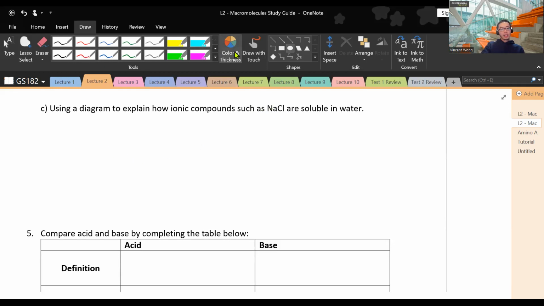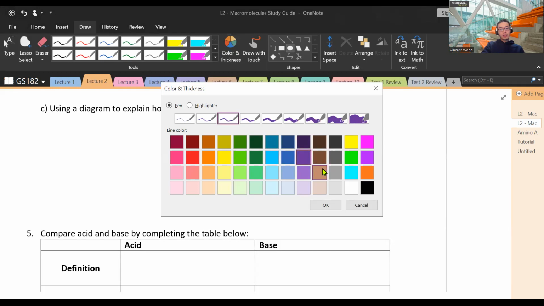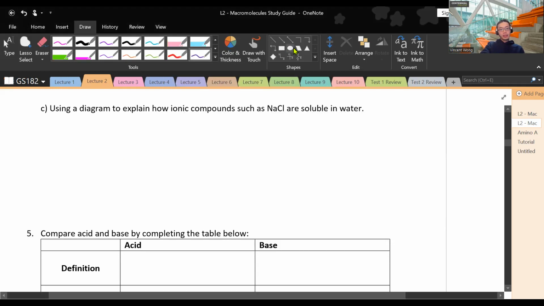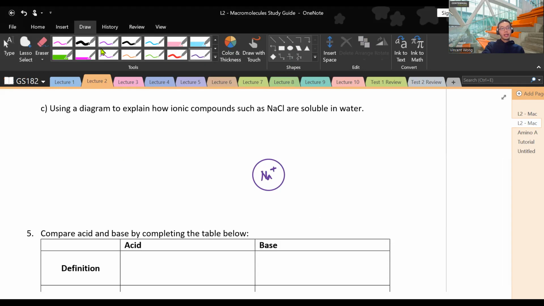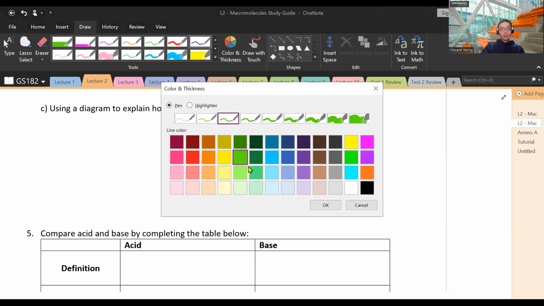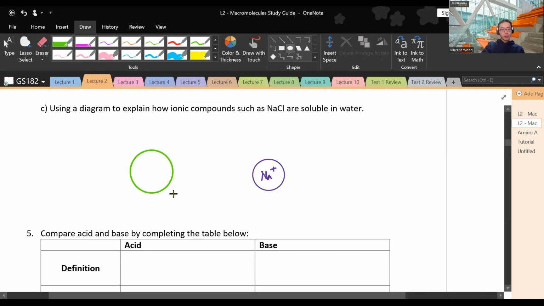Let's draw the sodium here, and then give it a positive charge because it has lost the electron. And we will draw the chlorine over here using a different color. Chlorine is bigger than sodium if you look at the periodic table. And after picking up the electron, it will become negative.